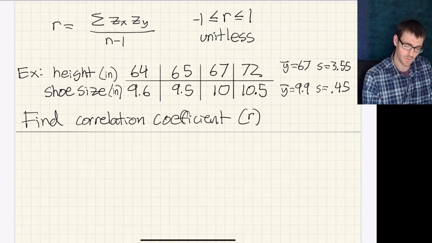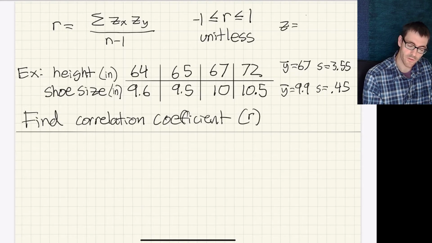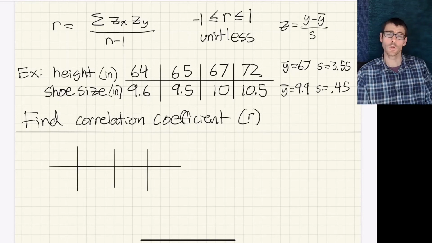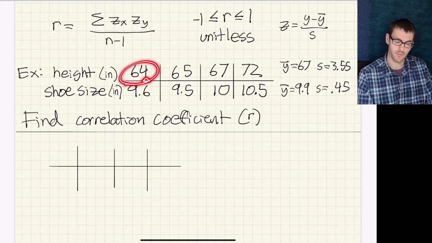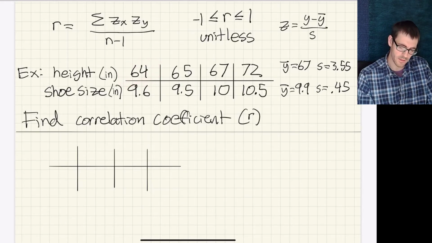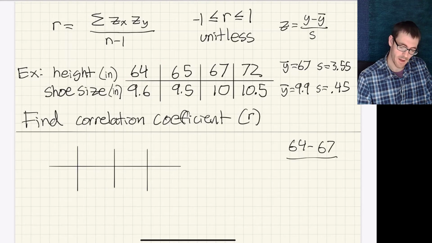Just as a reminder, the z-score is whatever the value is minus the mean, over the standard deviation. So if we want to know what the z-score is for 64, what we want to do is subtract: 64 minus 67 divided by 3.55.